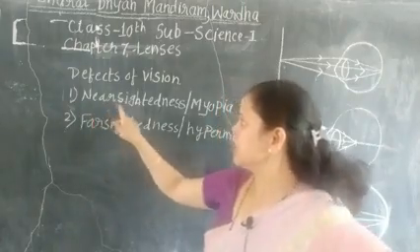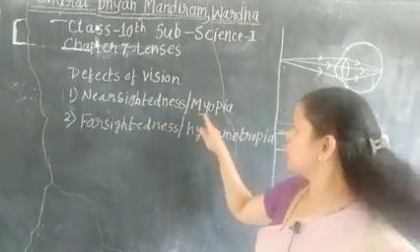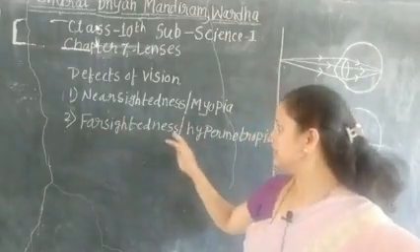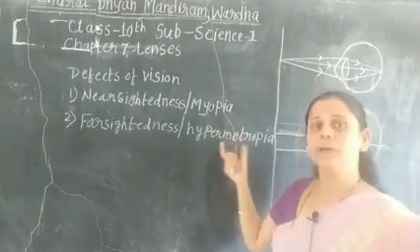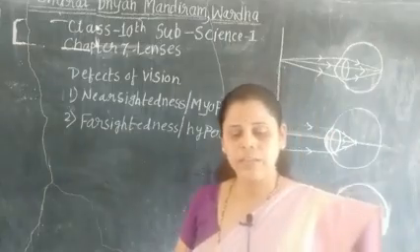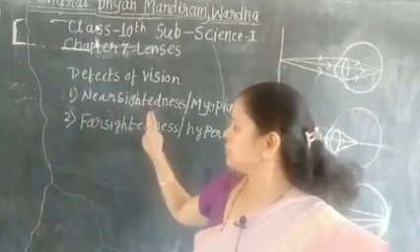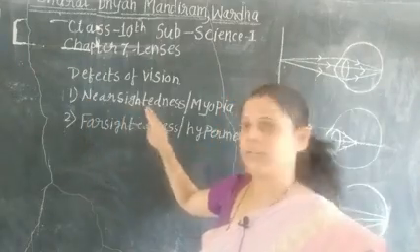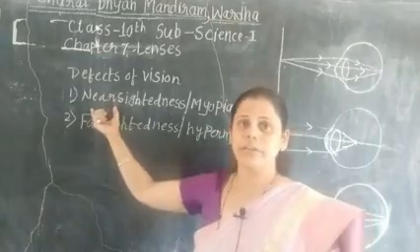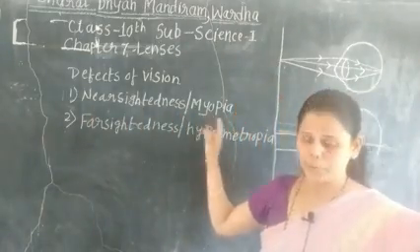So there are two types of defects in our vision. The first one is nearsightedness, also called myopia. The second one is farsightedness, called hypermetropia. In this lecture I will explain the first defect, myopia.